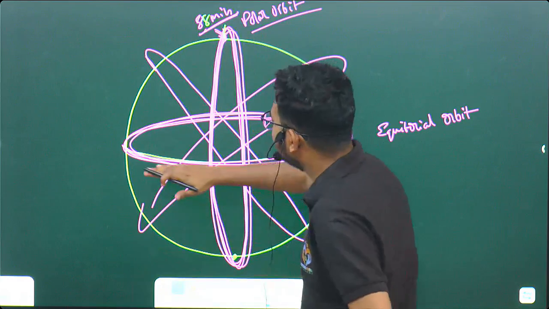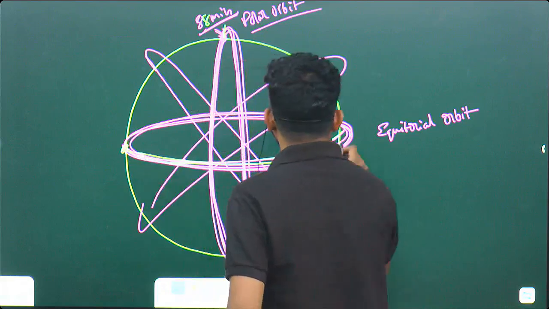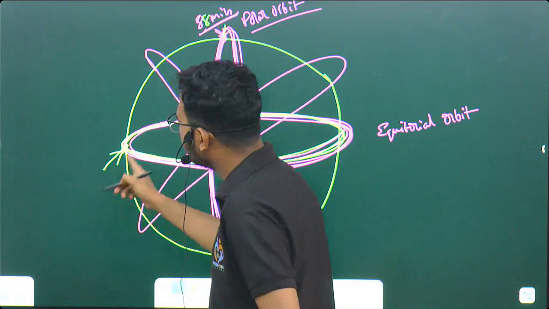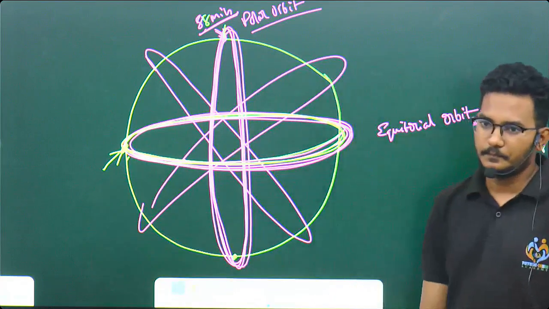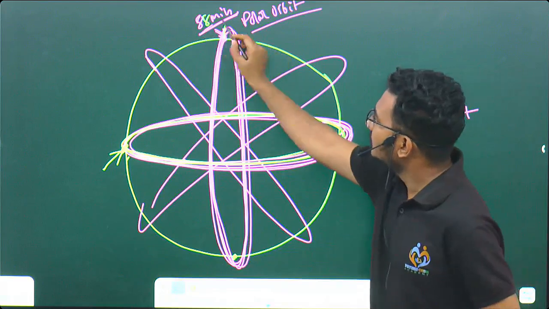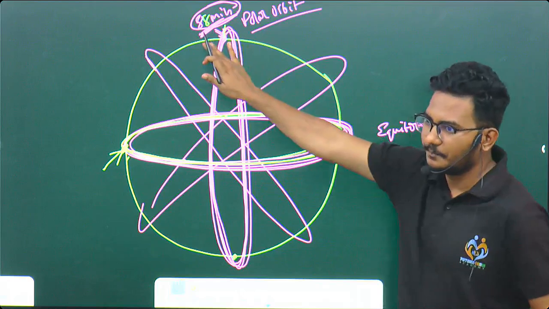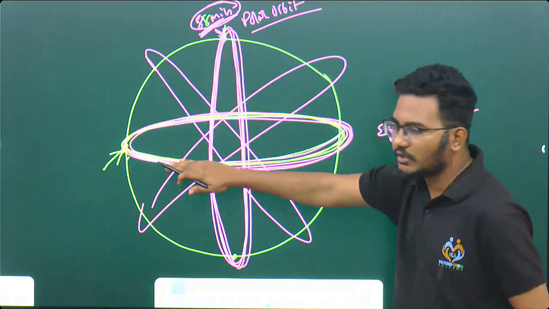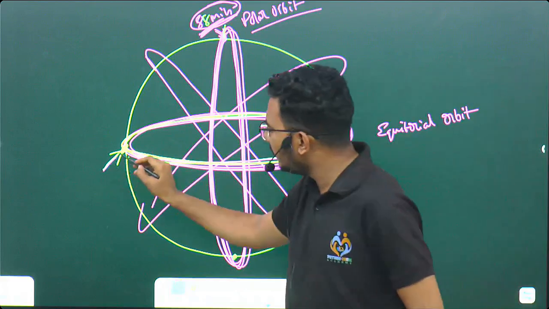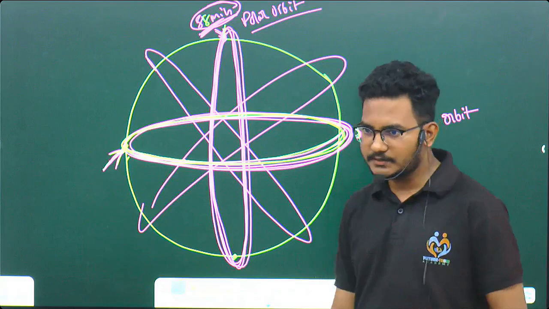If I'm placing my satellite here, then it will take exactly 24 hours. So after every 24 hours, you will see the satellite here. Understood? So if I'm launching my satellite at 50 kilometers, then for every 88 minutes the satellite position will be the same. If I'm launching at the equatorial region at 36,000 kilometers, then for every 24 hours I can see the satellite at the same place. Okay? Understood?